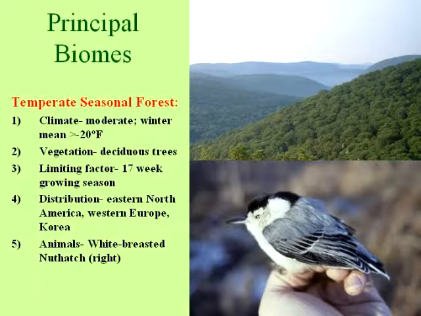One other animal to mention is the white-breasted nuthatch. It's in a group of species that we could refer to as permanent residents of the temperate seasonal forest, in that they can be found in this environment year-round. Species like the nuthatch, like chickadees and chickadee relatives, and certain kinds of woodpeckers are found throughout the year.